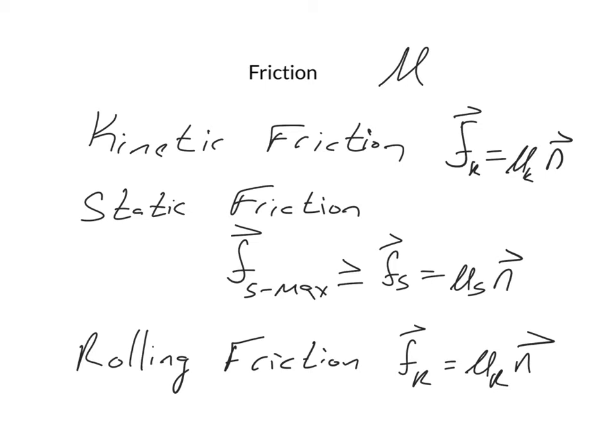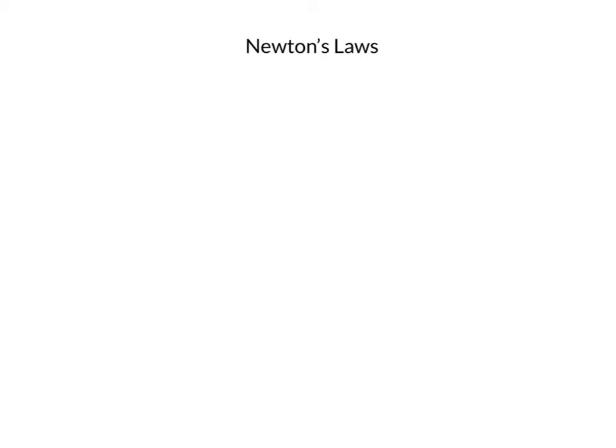It's just a multiplier. Okay, so we built this catalog of forces, and then we had to get into what we do with forces. How we're going to start to examine forces is by looking at Newton's laws. Newton has 3 laws that govern motion. The first law is the law of inertia. The law of inertia states that an object in motion tends to stay in motion.